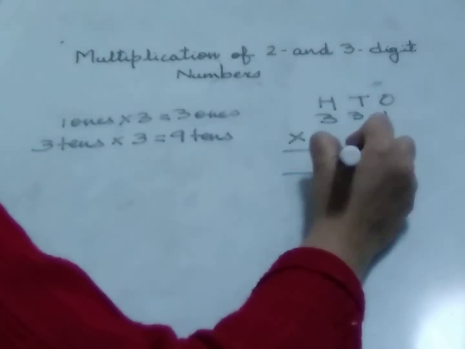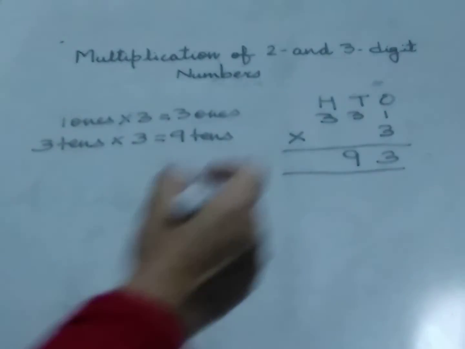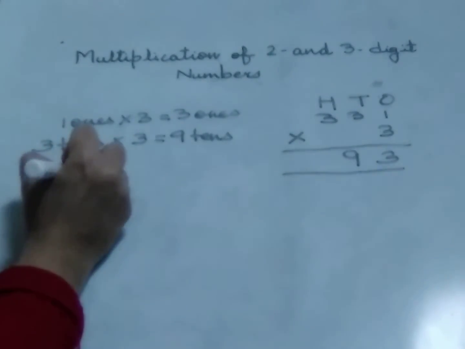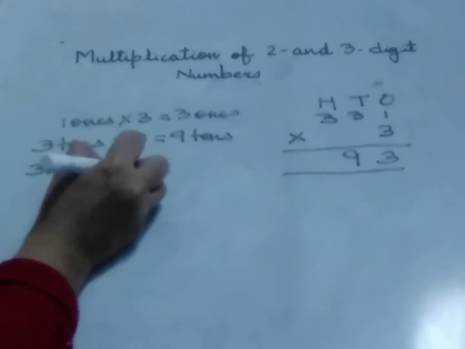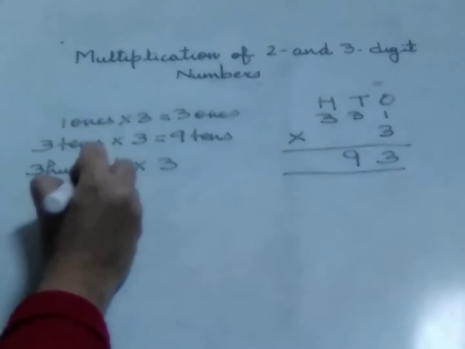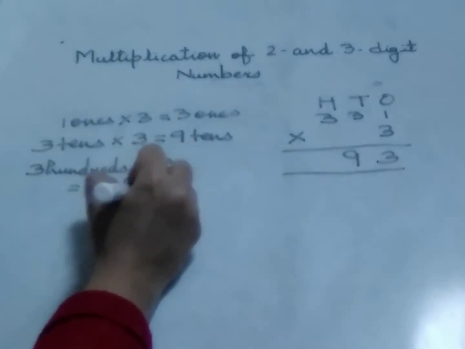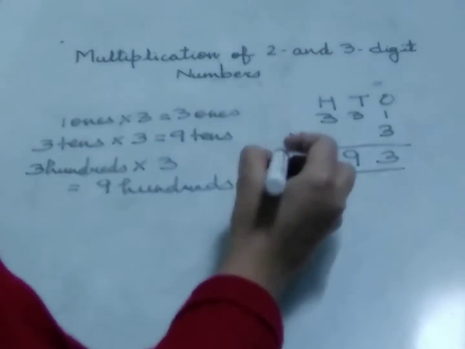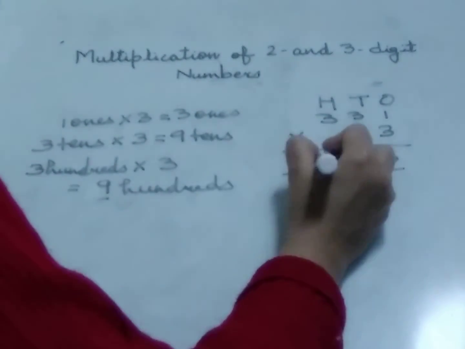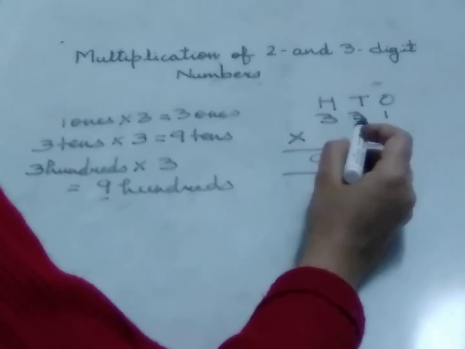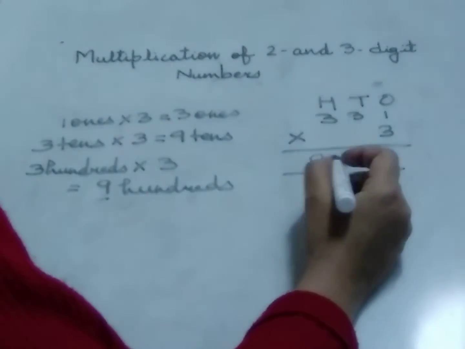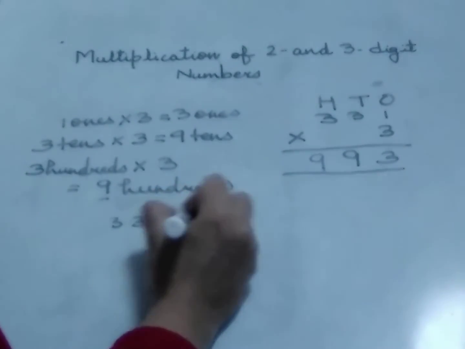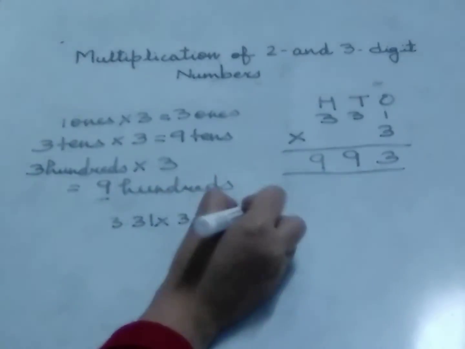Write 9 in the tens place. And the last is hundreds. 3 hundreds multiplied by 3 gives you 3 threes are 9, 9 hundreds. So write this 9 in the hundreds place. So the answer is 331 multiplied by 3 is equal to 993.